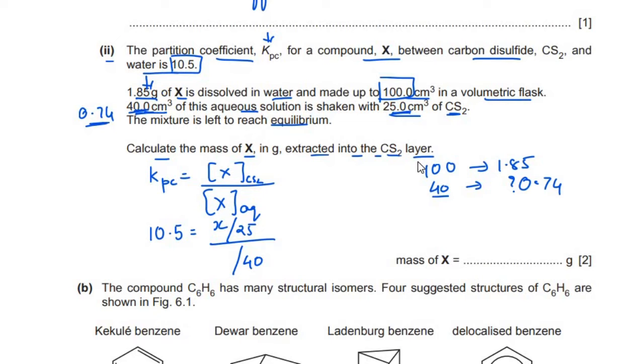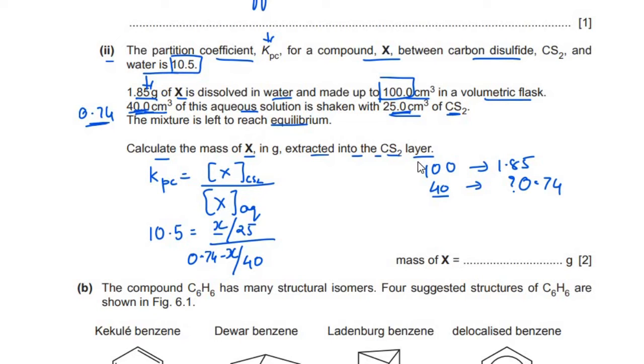So if x gram of X solute is present in carbon disulfide, then what is left in water will be 0.74 minus x, because earlier in water it was 0.74, and out of that some mass x of the solute has gone into the carbon disulfide layer.